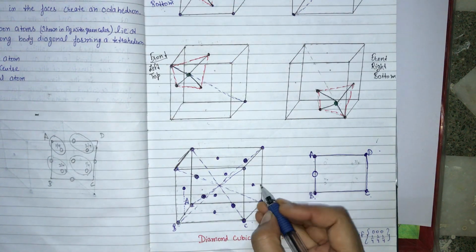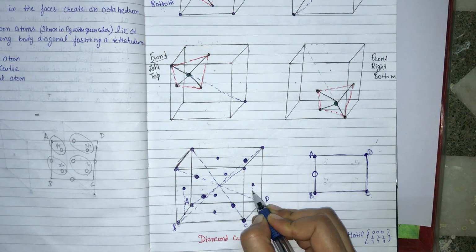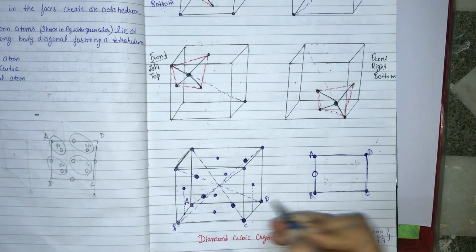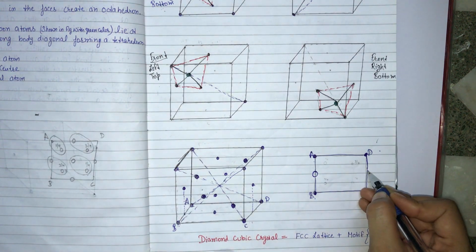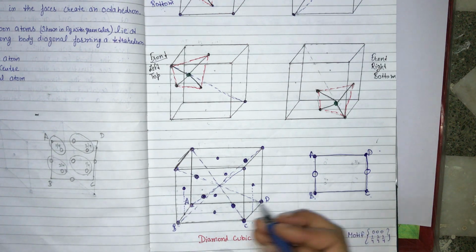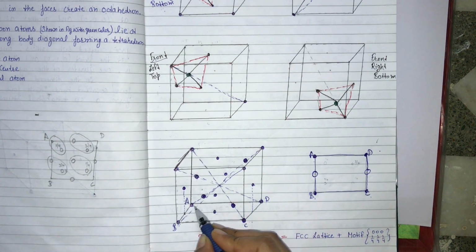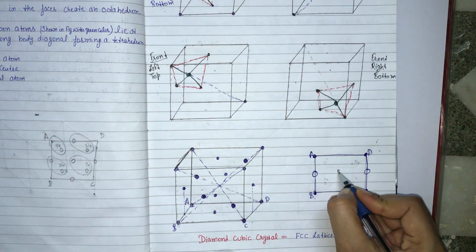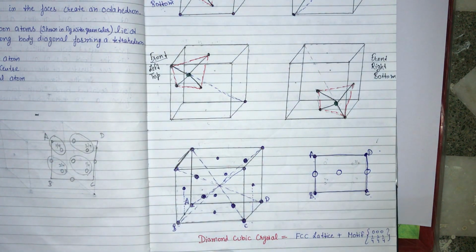Clear? Now next, if I make the projection of this, then this will also be at the half of CD. So one carbon atom is at this location. And also if I mark this position, this is at the center of the ABCD face.